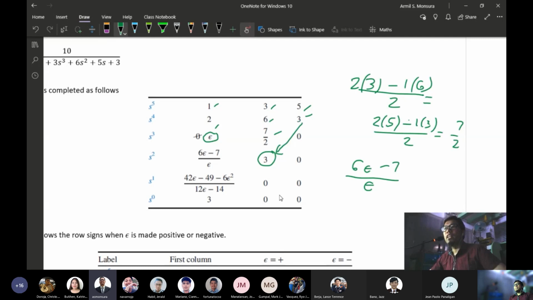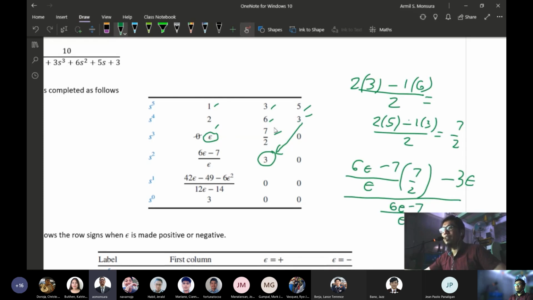So next, ito yung medyo complicated dito ng konti, no? So, we will have 6 epsilon minus 7 divided by epsilon, times 7 over 2, minus 3 epsilon, divided by 6 epsilon minus 7 divided by epsilon.